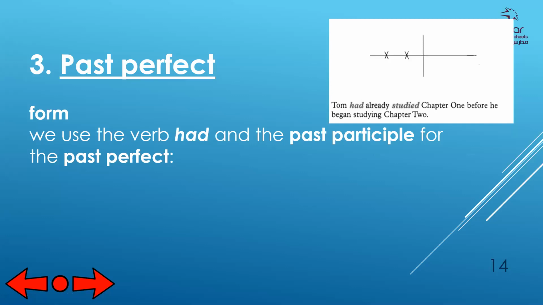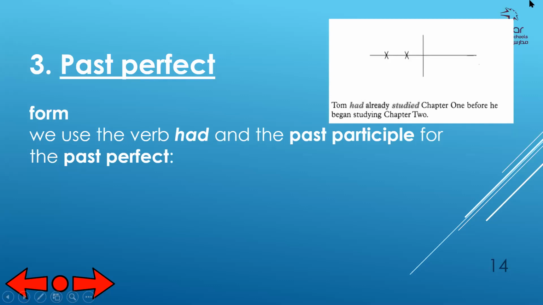Now, the past perfect. Now, if you have, look, two actions that happened in the past, we use the past perfect. But how? When one of these actions starts before another one in the past.